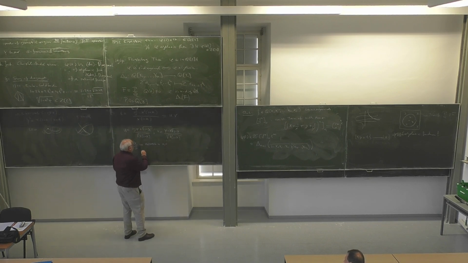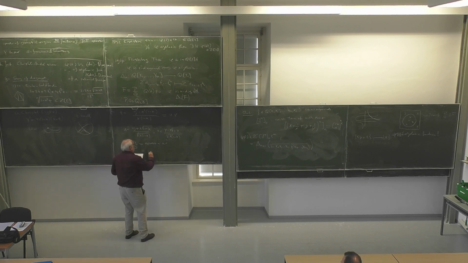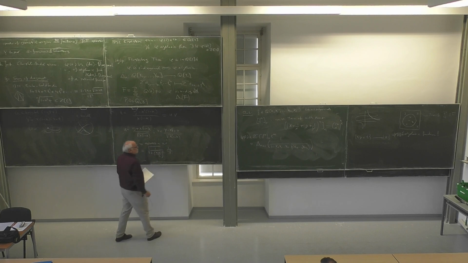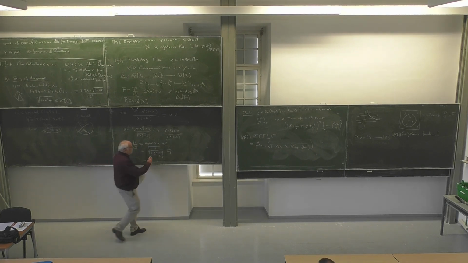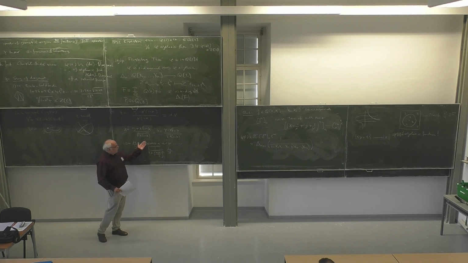And then the result is that it can be represented as the square root of 1 minus u. This is a calculation which you can do, but it's not easy to do by hand, but Cristol does it and says, if you express it in this coordinate, the result is this.